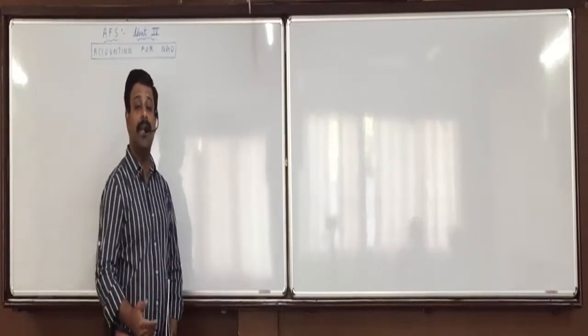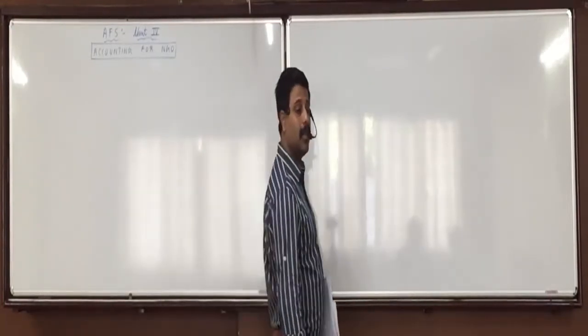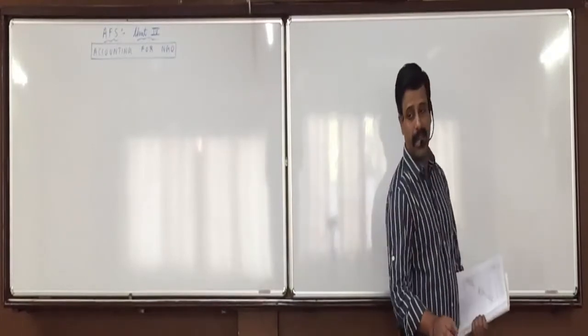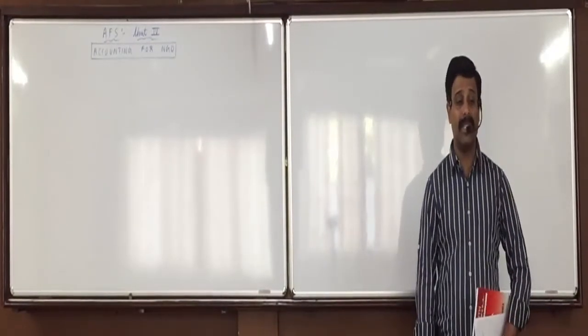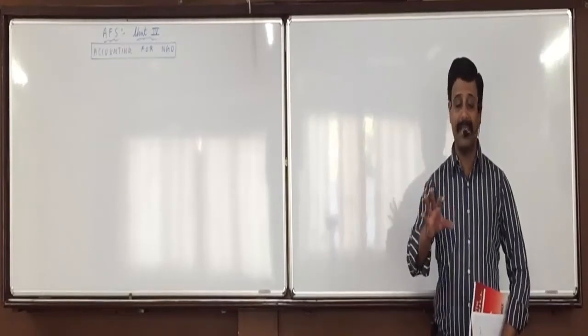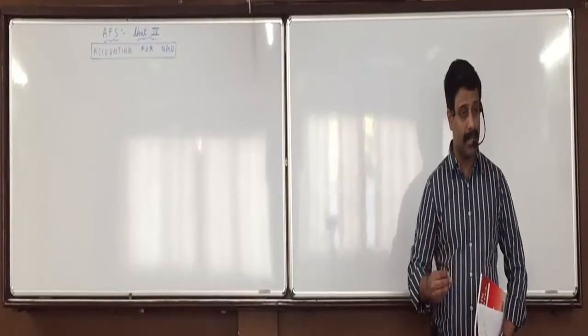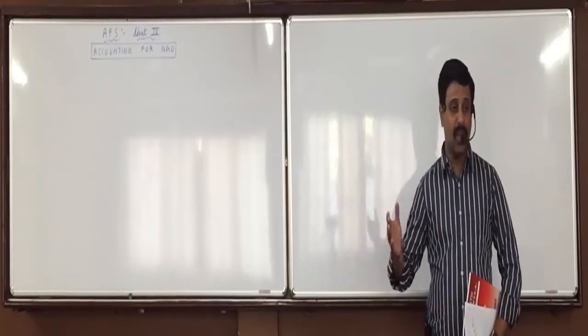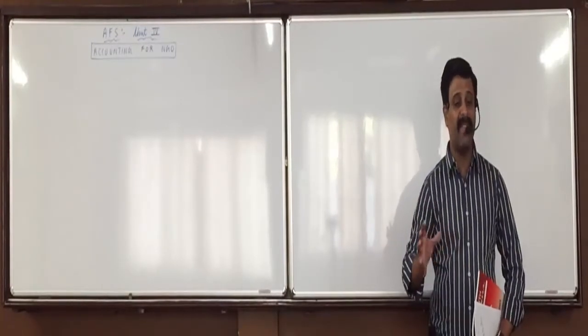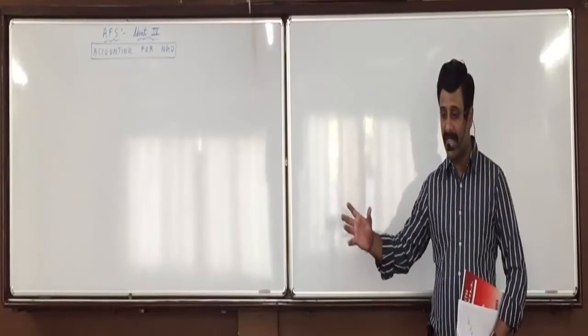Intangible means which cannot be touched, felt or seen. That includes goodwill, patents, trademarks, copyrights. Then capital work in progress means what? You are constructing your own fixed asset, but it is work in progress. It is not fully constructed, it is a semi-finished fixed asset.